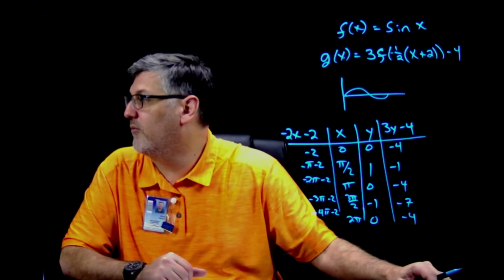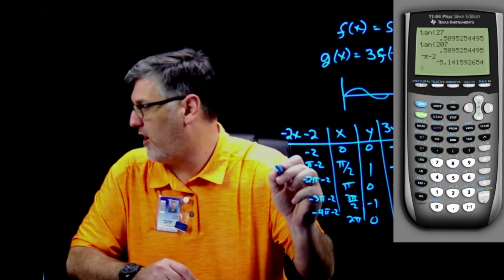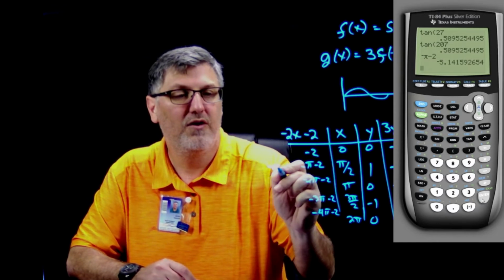All right, so from here, I'm just going to pop up a calculator, get decimal approximations. So negative 2 is pretty straightforward, but we need to do negative pi. So negative pi minus 2. Hit enter. This is about negative 5.1. Then I need to do negative 2 pi minus 2.